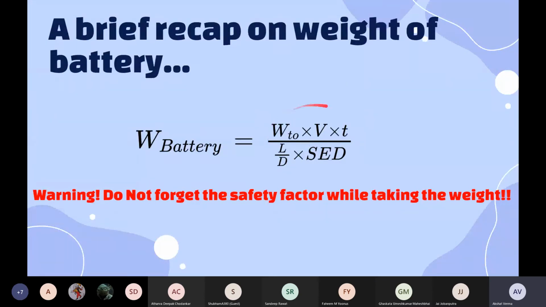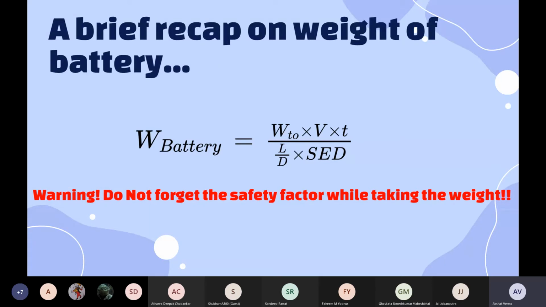If you see this equation properly, we are only including the cruise part of our flight in this energy requirement. That is not the exact thing we want to do. We also expend some energy in the takeoff and landing phases of our mission, so that is something we have to incorporate.